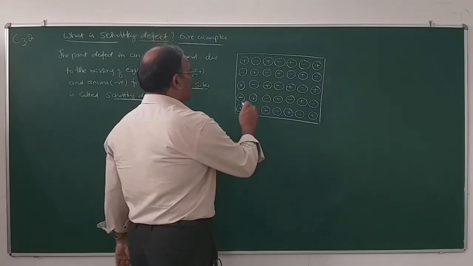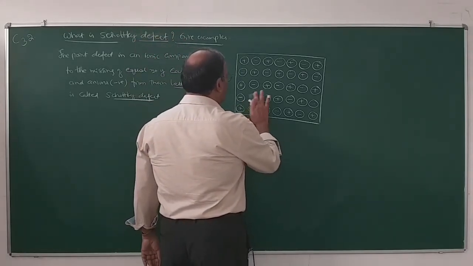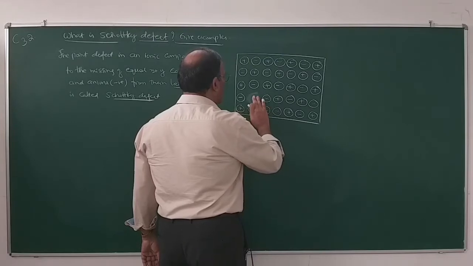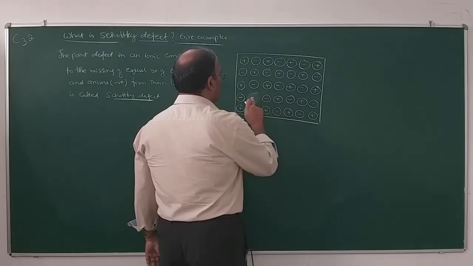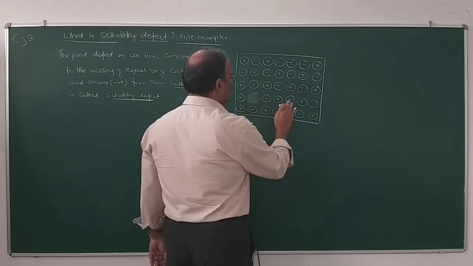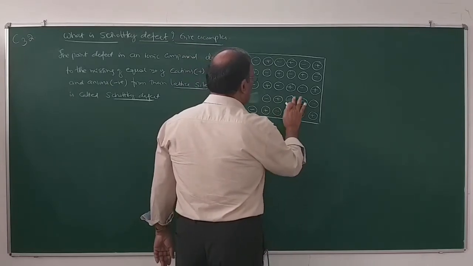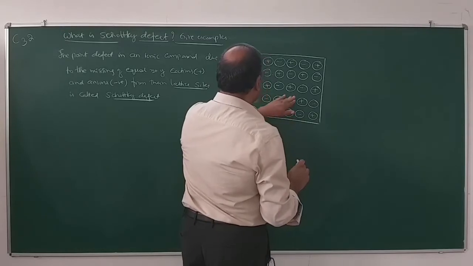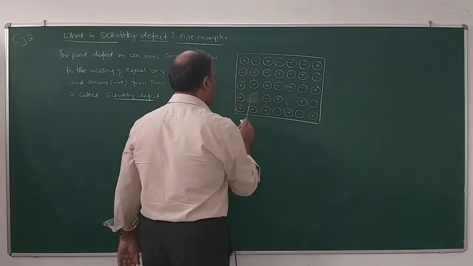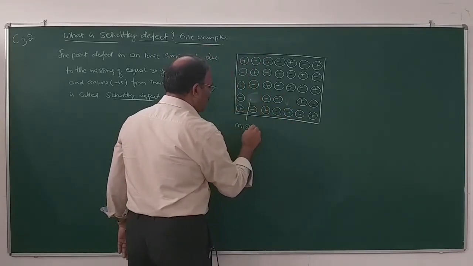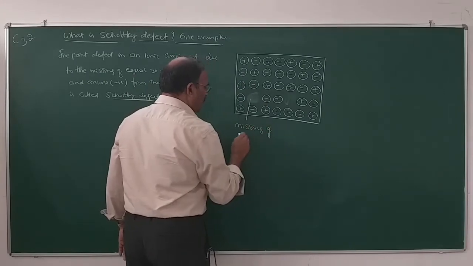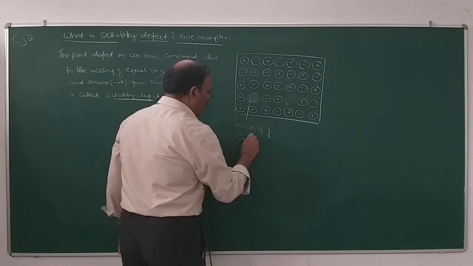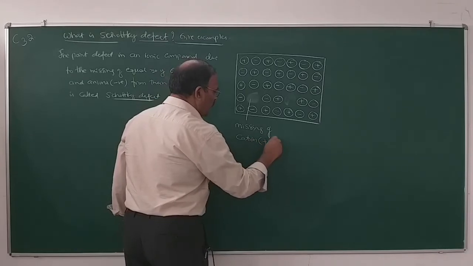So if one positive ion is missing, an equal number of negative ions are also missing. So here is the missing of a cation, that is a positive ion.